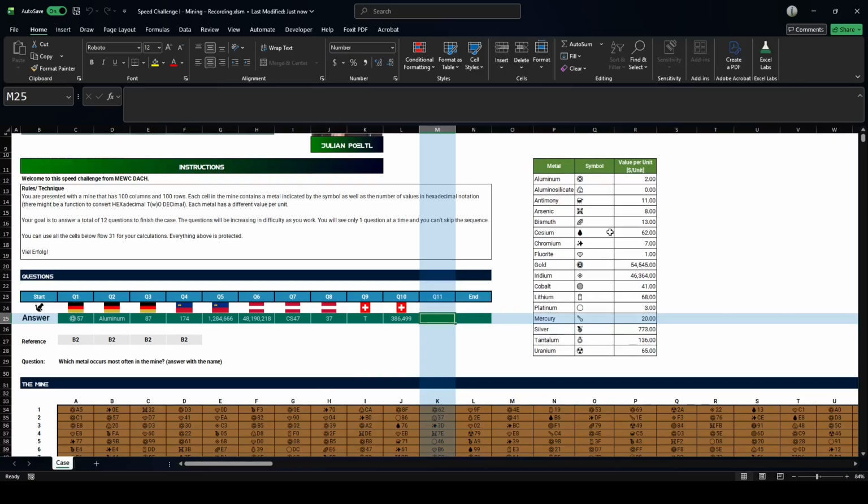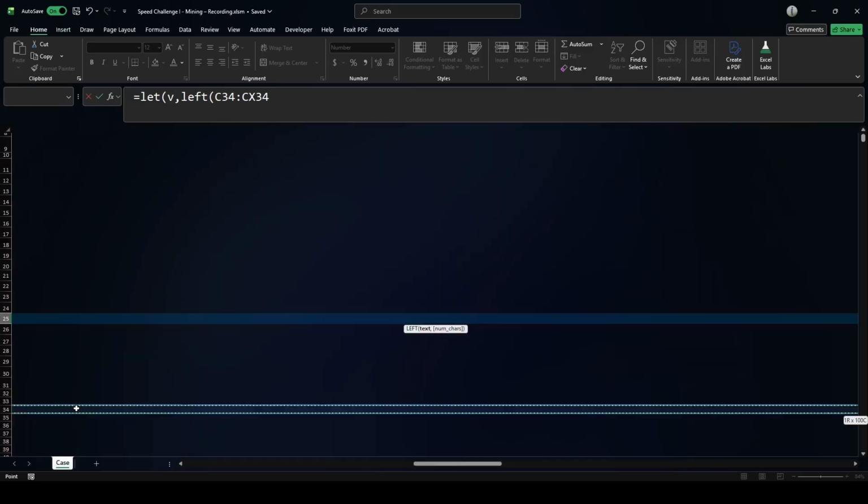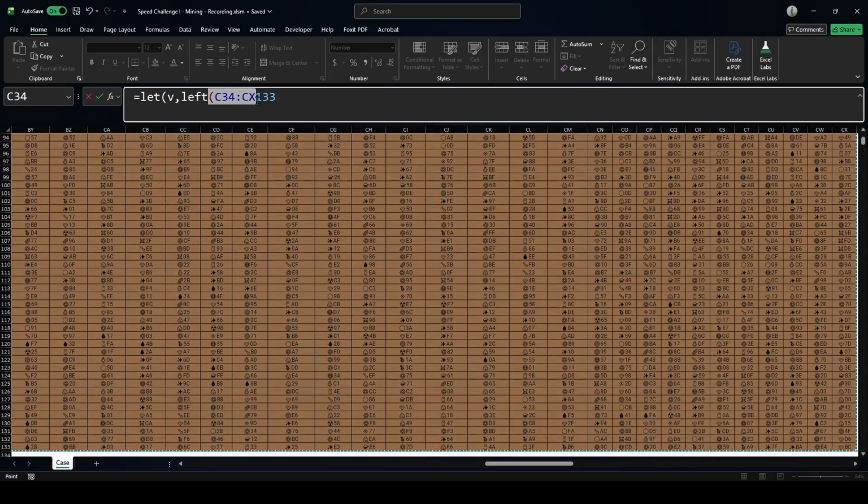Answer with the name. Okay, so let's just put arsenic in here. Still not it. All right, let me try this. There's no other symbol that looks like that, is there? There is not. So let me do this again. Let V equal, let's do something a little bit different.